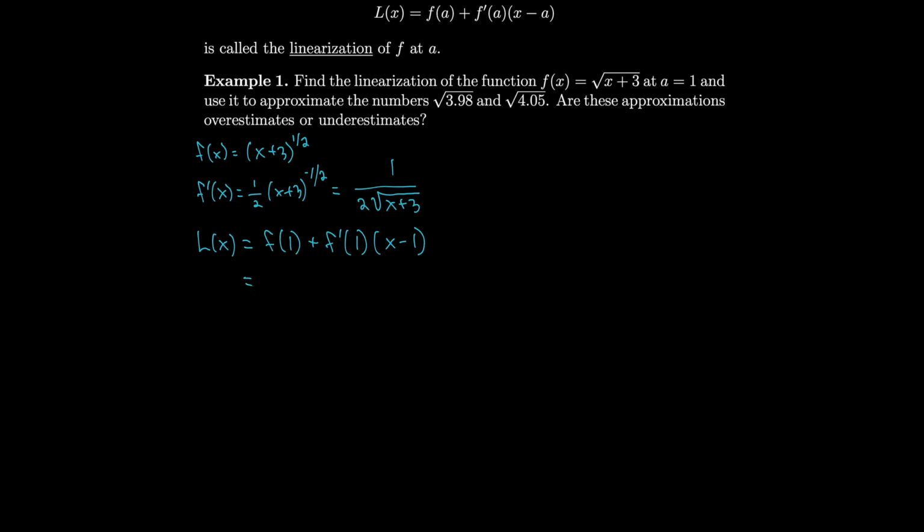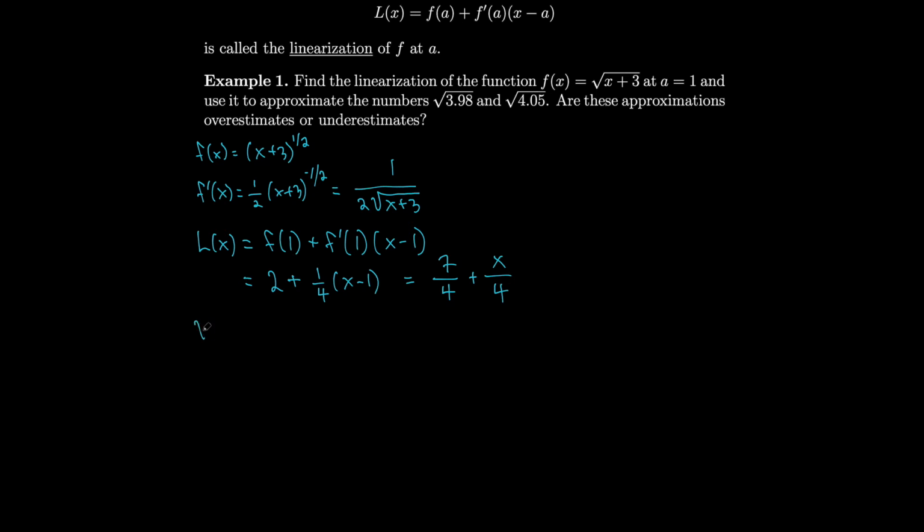Well, if we plug in 1 for f of x, 1 plus 3 is 4, square root of 4 is 2. And then we add that to 1/4 times x minus 1, because plugging 1 over here gives you 1/4. So that ends up becoming 7 over 4 plus x over 4.